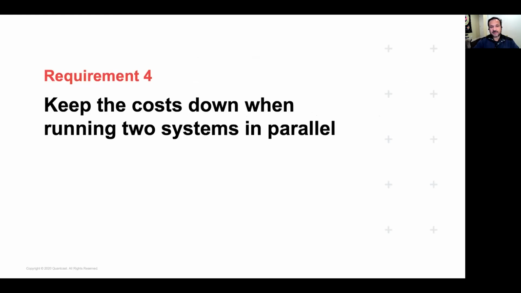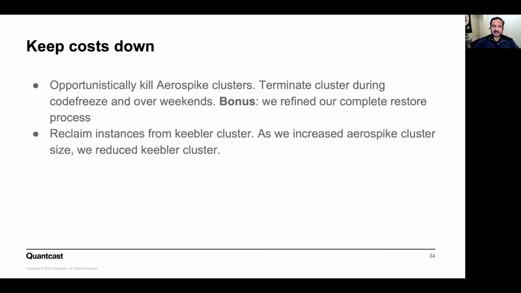We wanted to keep the cost down when running these two systems in parallel. We were not very successful in meeting this requirement. The technique that we used here was to kill the Aerospike cluster when we didn't have a use for it. So if we were coming up on a code freeze time, or over a weekend, we would kill our Aerospike clusters during those times and make sure our bidding stack was reading from Keebler and not Aerospike, of course.